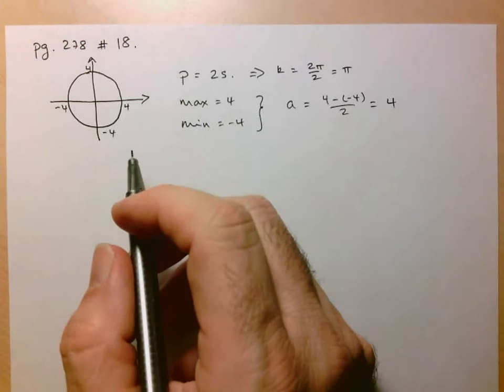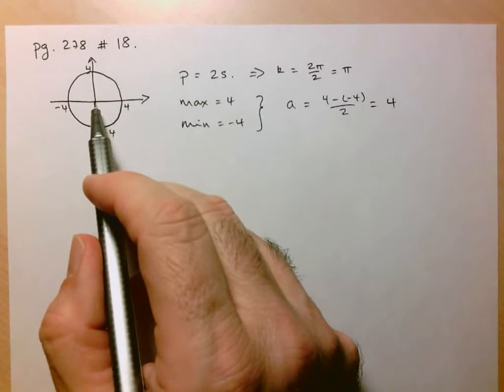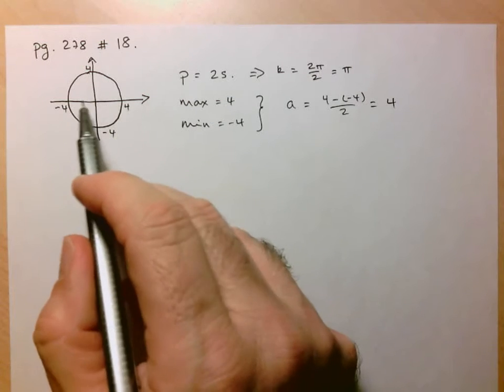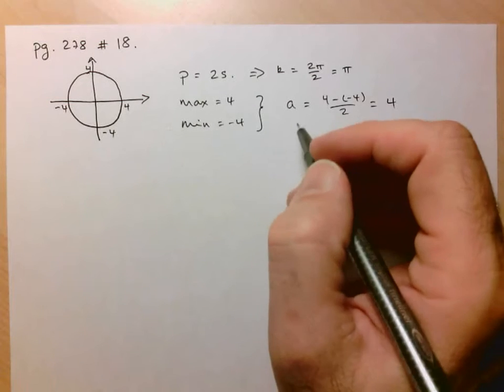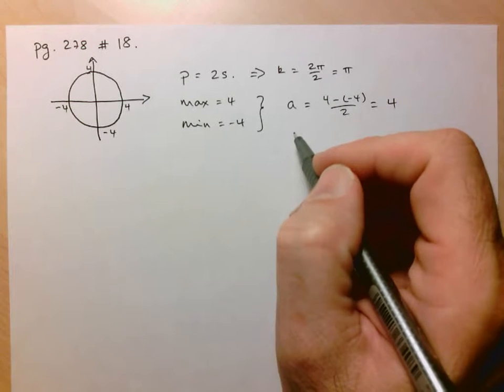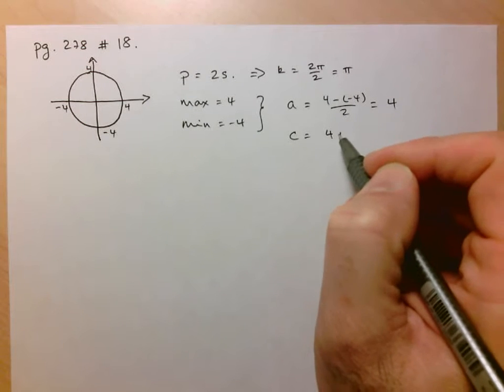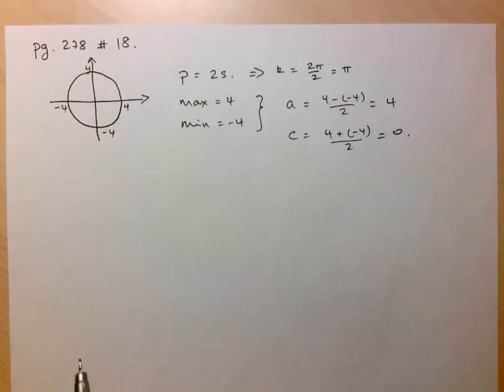And we would think that the c value should be equal to 0 because the middle value occurs at 0 for the x component and also for the y component. And if you want to confirm that with your equation, you have that the c value is the sum of the max and min divided by 2, which we confirm is 0.